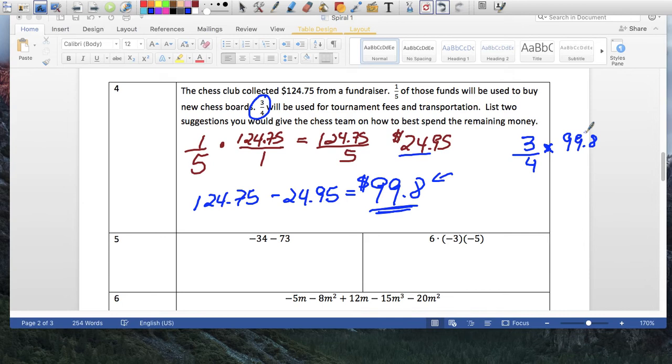So 3/4 of $99.80: if you multiply, you get 3 times 99.8 equals 299.4, and 4 times 1 at the bottom is 4. If you divide that by 4, 3/4 of that is $74.85. This money is going to go for transportation and tournament fees.